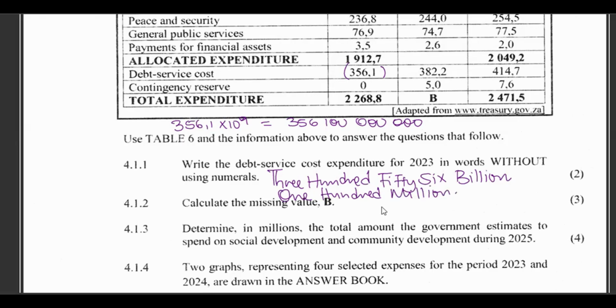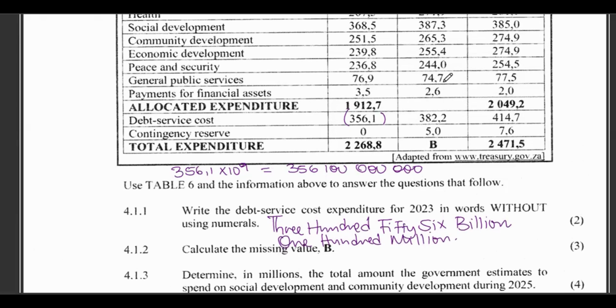Calculate the value of B, which is what we are looking at. By the way, you can also ask yourself, how did they get this value here? They added all the values they got. But then look at where B is. That means, how did they get this? So they add onto this, they add this onto that, you get that.